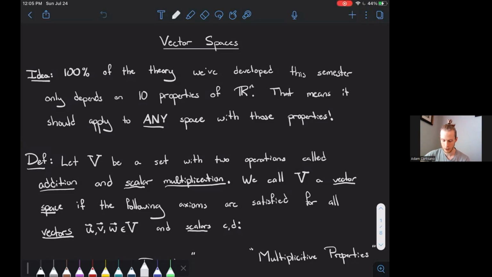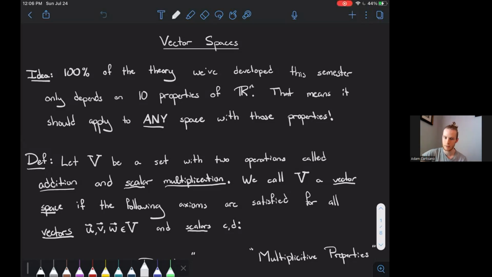So the first thing that we're going to do is just give the actual definition of a vector space. So a vector space V is a set and two operations. Anytime anyone wants to specify a vector space to you, they have to tell you what the set is, what it means to do vector addition, and what it means to do scalar multiplication.